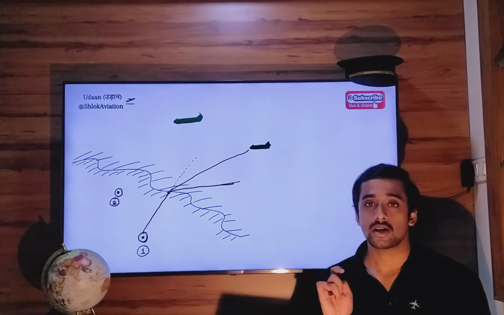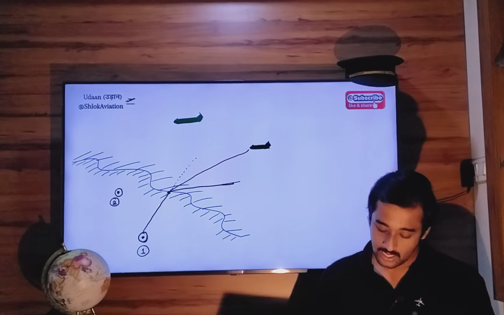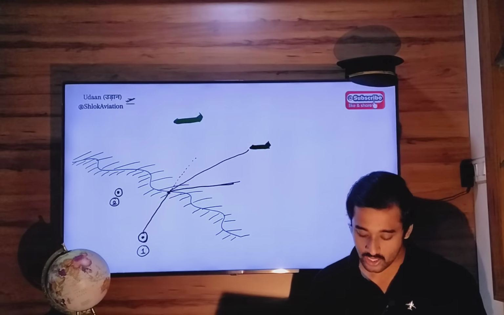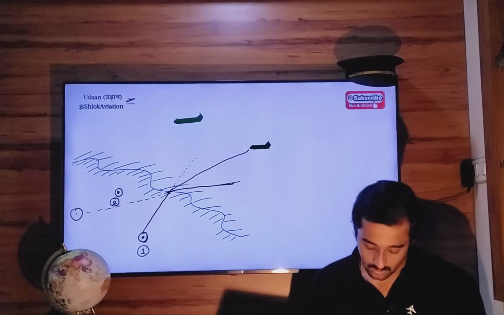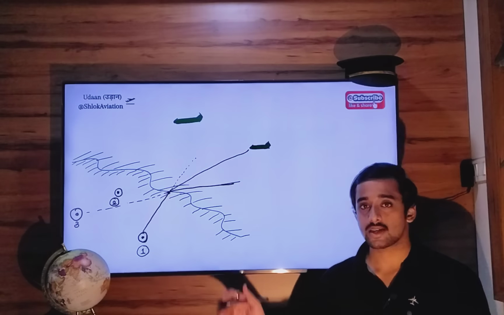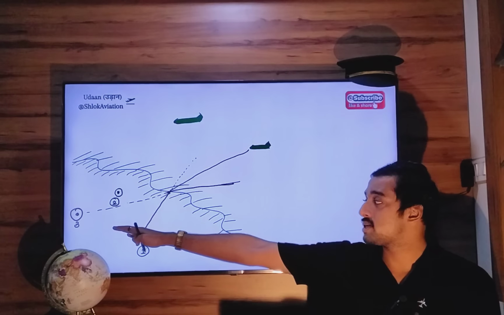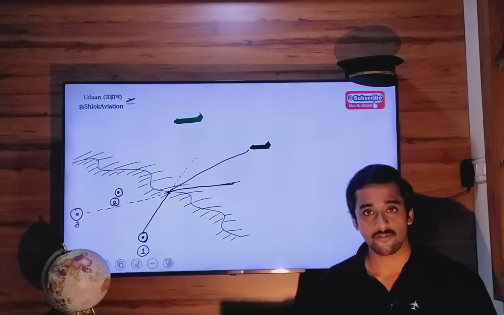Instead of tracing this radio signal to the correct NDB station number 1, it will think that it is originating from some radio beacon over here, NDB station number 3. So this aircraft will start tracking its path towards that NDB station number 3. This is the error that is produced by coastal refraction.